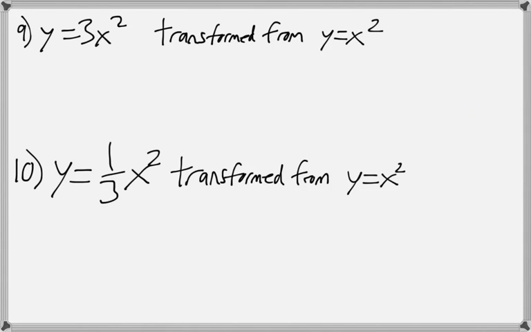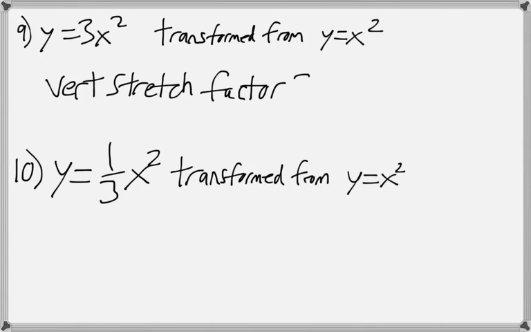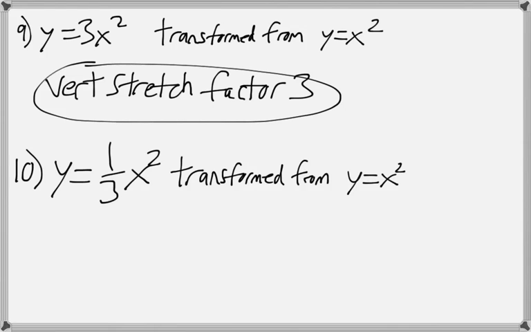So let's look at number 9. It says, how is the graph of 3x squared transformed from x squared? Well, we know that this is just going to be a vertical stretch of factor 3 because of this 3.